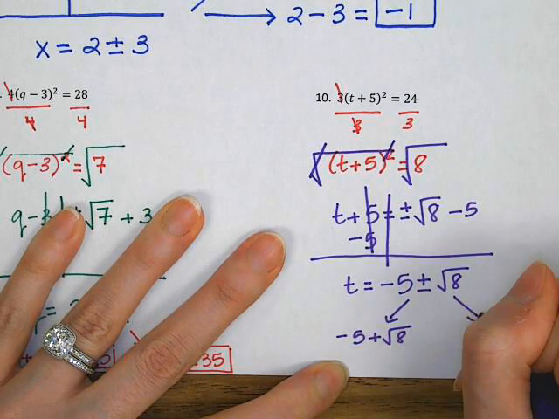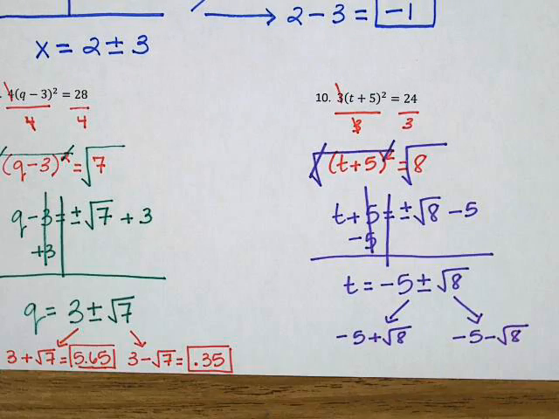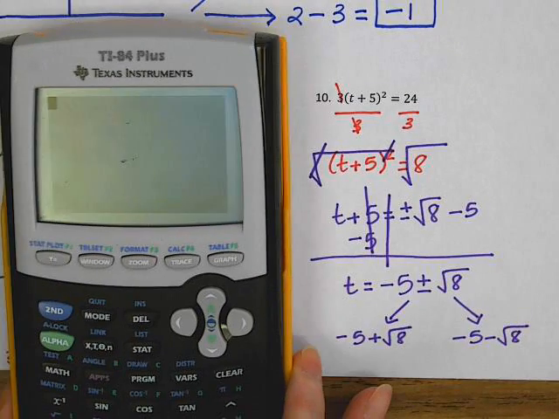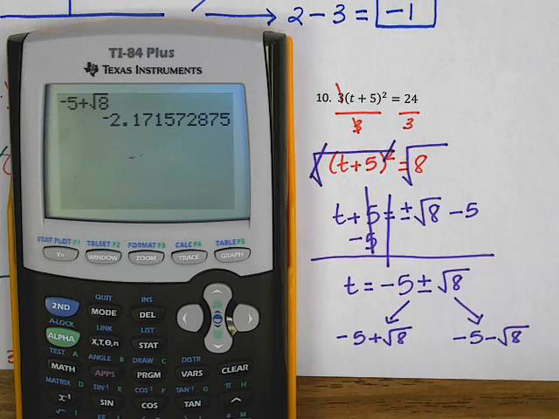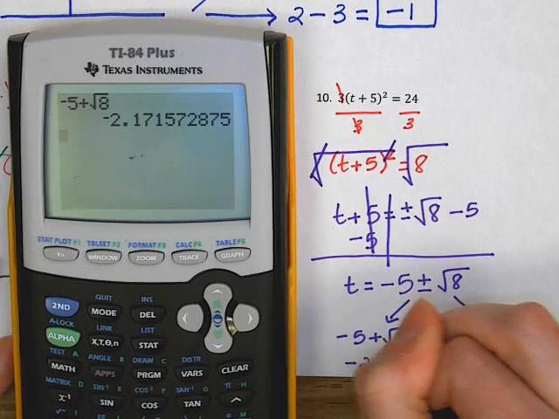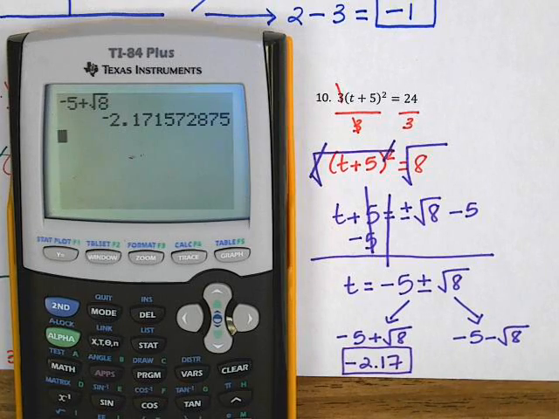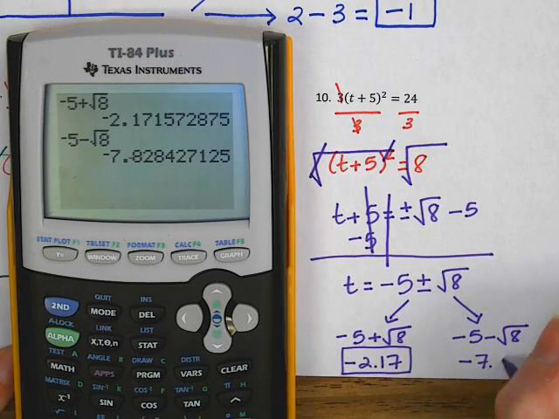And the second version is going to be negative 5 minus root 8. And let's type those in and we are done. Okay, so we have negative 5 plus square root of 8. That gets us negative 2.17. And then negative 5 minus root 8, that gets us negative 7.83.